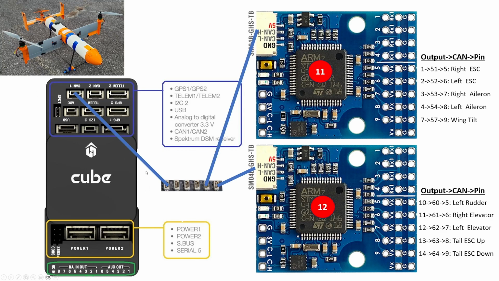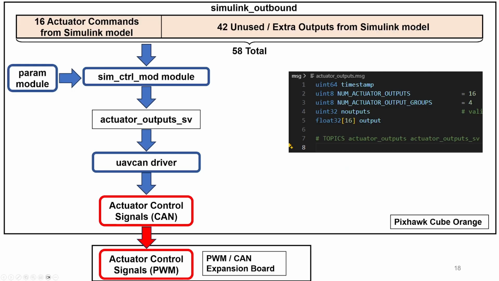You could have directly plugged this into this board and into this one without any difference. But anyway, this is how a standard CAN works, so I'm not going to be explaining that too much. But the key part is that we need to configure everything internally in the PX4 using its own parameters.